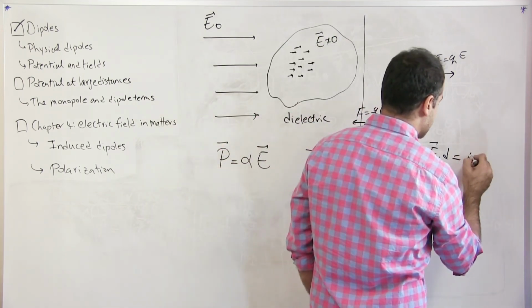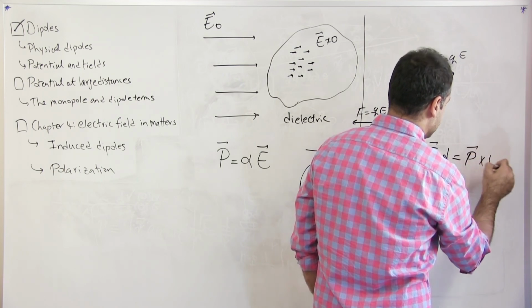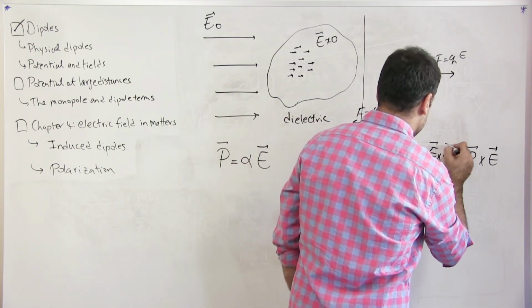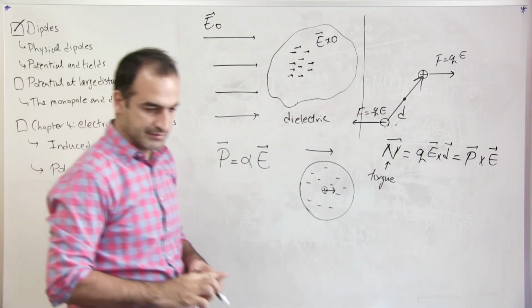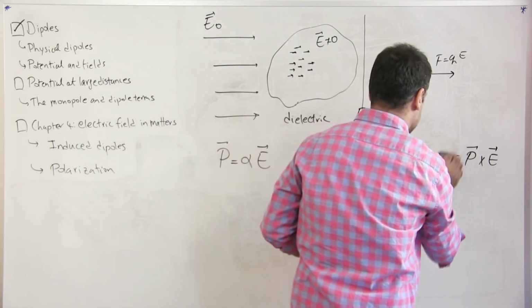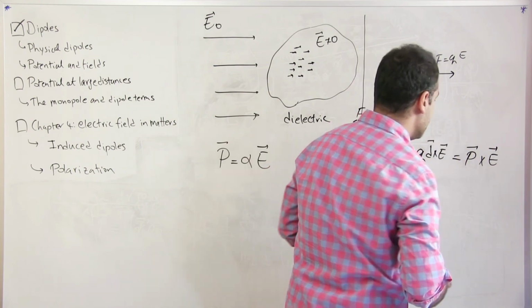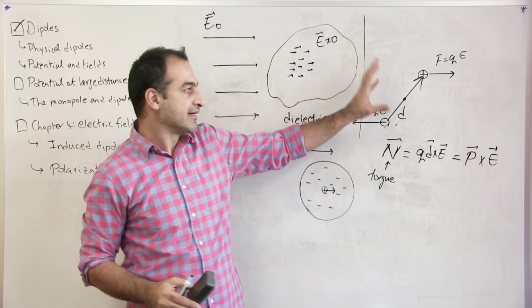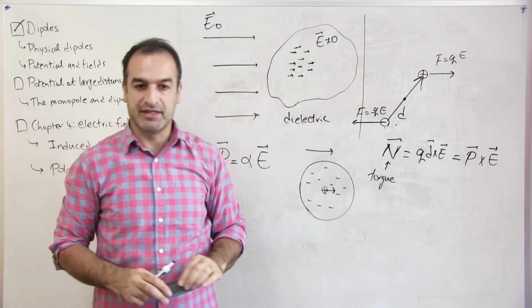And this is basically P cross E. Okay, something like this. It should be the other way. So the electric field puts some torque on the dipole to make that dipole get aligned in the direction of the electric field.